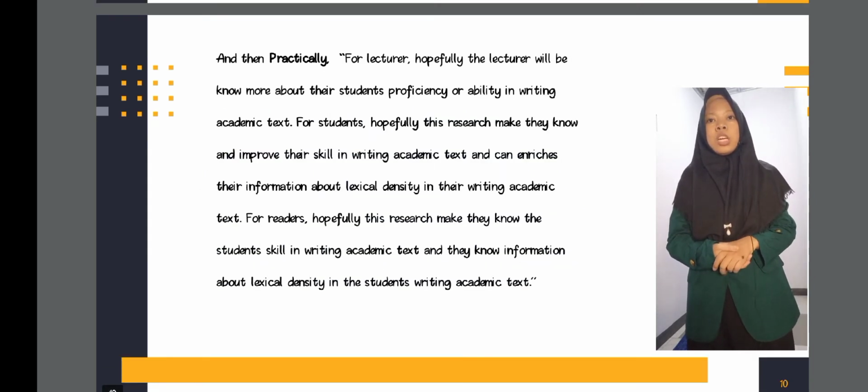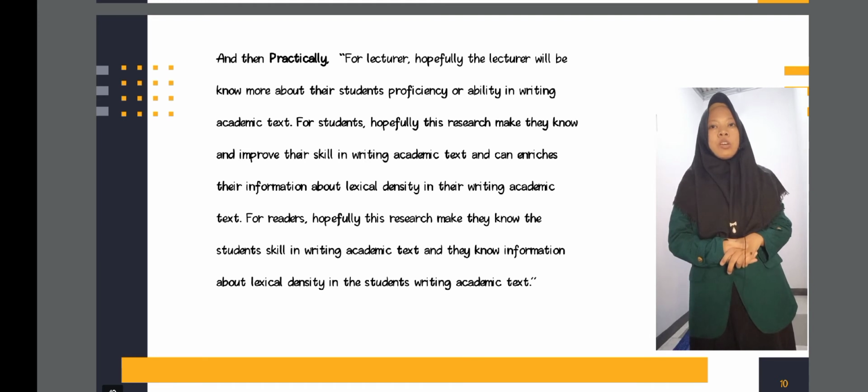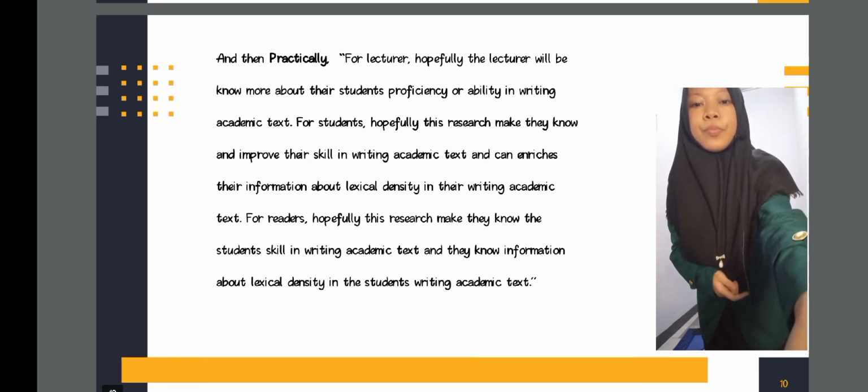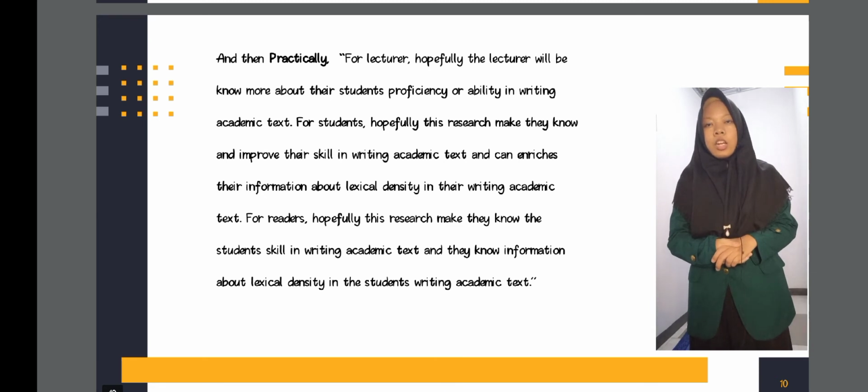And for students, hopefully this research makes them know and improve their skill in writing academic text and enriches their information about lexical density in their academic writing. Furthermore, hopefully this research helps them know the students' skill in writing academic text and information about lexical density in the student writing academic text.